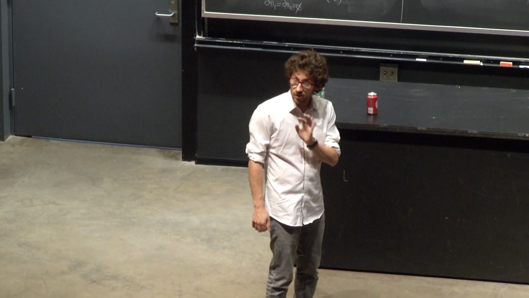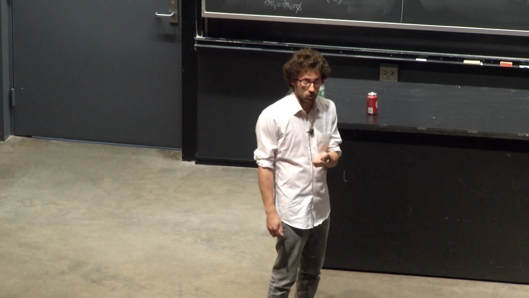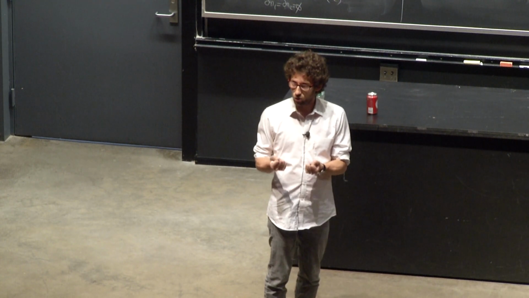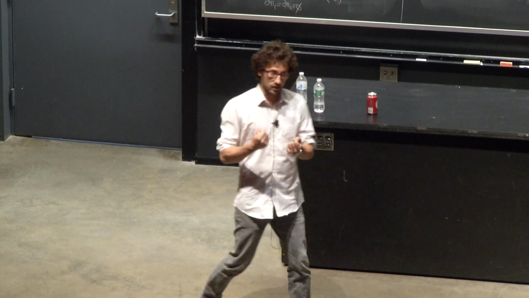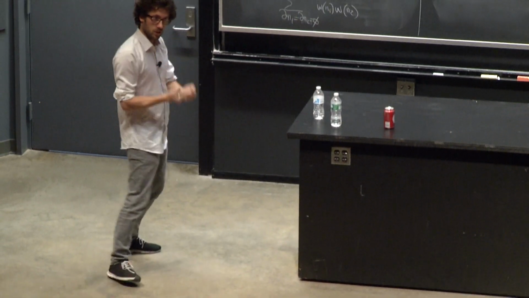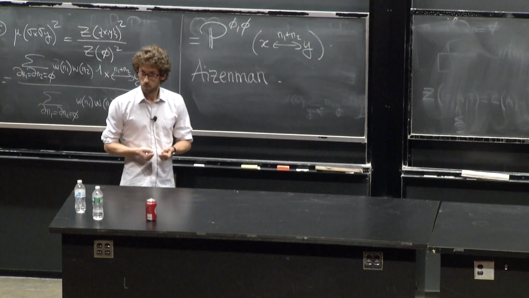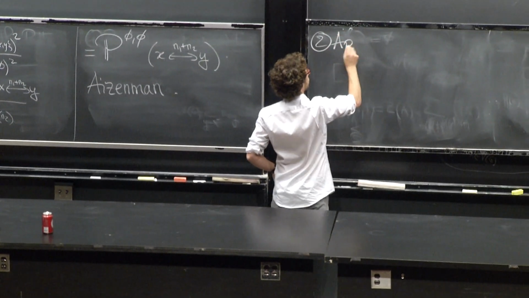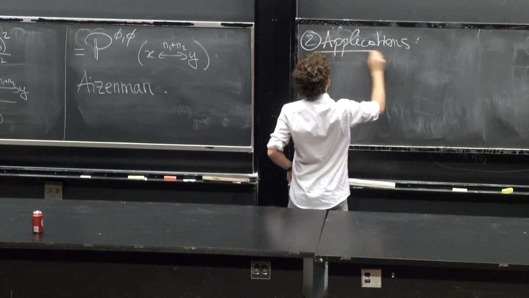Indeed, the intuition is telling you the smaller the temperature, the stronger the ferromagnetic force, so the more ordering you should have. But this is just at the level of intuition. Why is it that, in fact, when you decrease the temperature, the correlations increase? Well, I can prove that. So this is going to be one application.